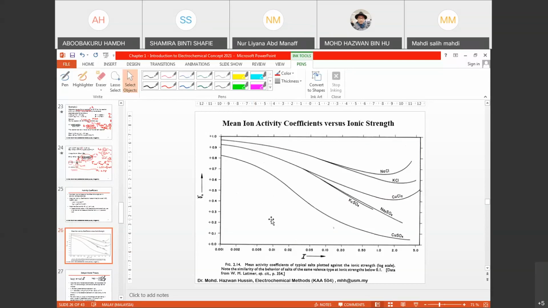If you see over here, the ionic activity coefficient will increase as the ionic strength is higher as well. All right. If you compare sodium and potassium, because these two are from the same group, which one has a lower dimension or a lower atomic radius?